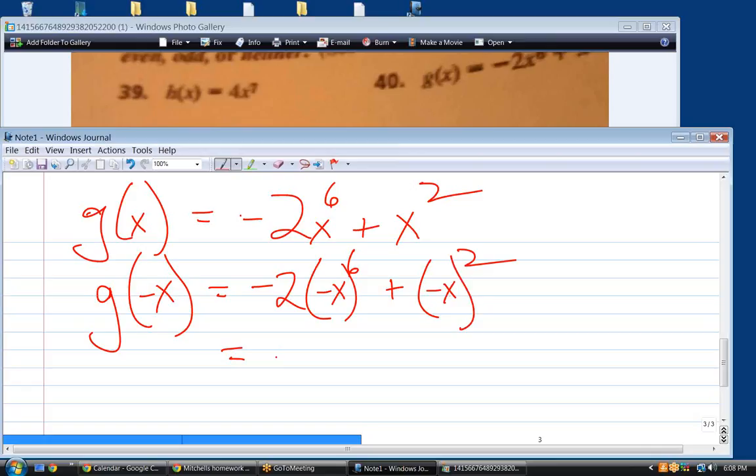Let's remove the parentheses first of all on the right side. So it would be negative 2x to the 6th plus x squared.